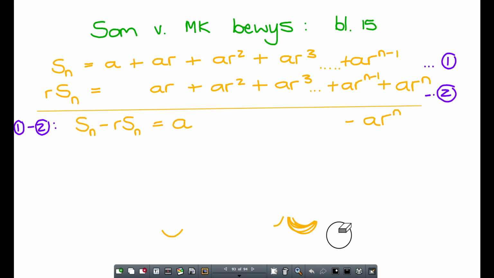Kyk gou daar op bladsy 15, reg in die middel. Nee, staan hy so in rooi geskryf. Kom in. Daar sê. Ek gaan nou daar kom. Okay. Ek gaan net my daai sien. Okay, hoe voel jy?